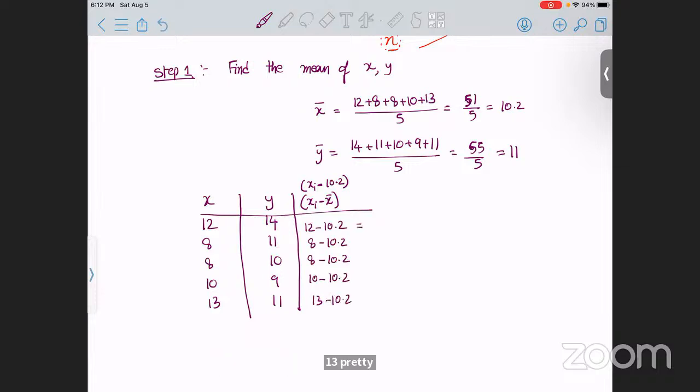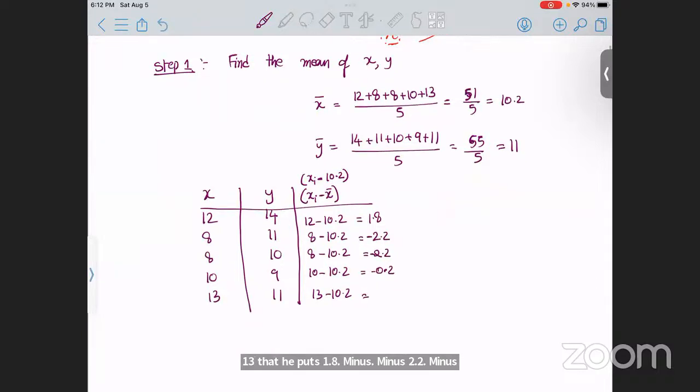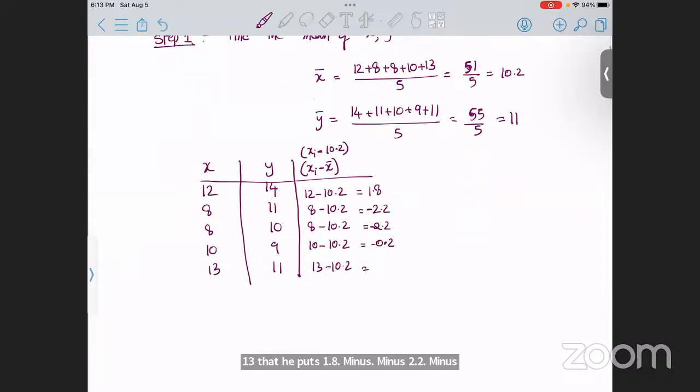That equals 1.8, minus 2.2, minus 2.2, minus 0.2, and 2.8.